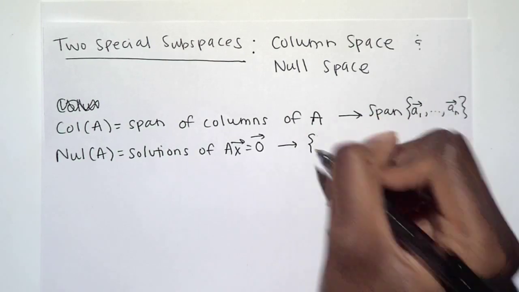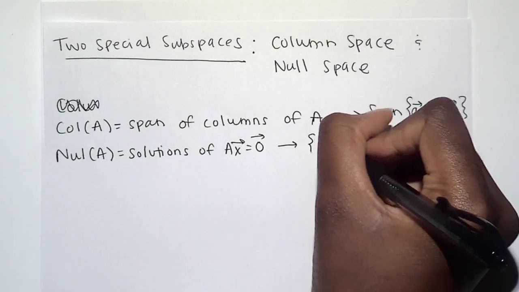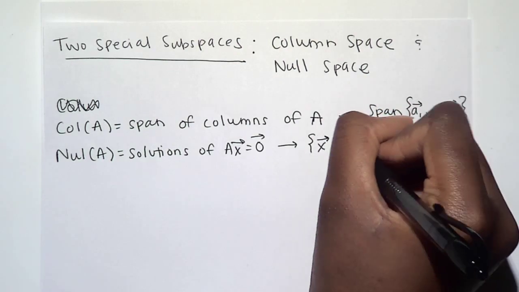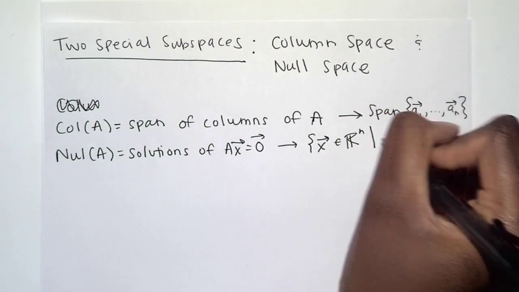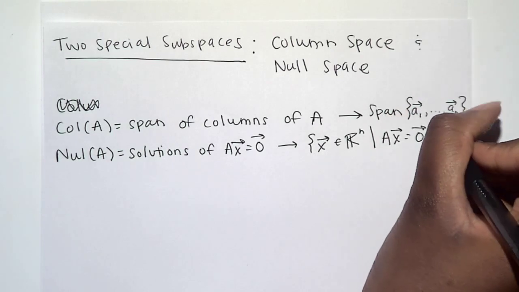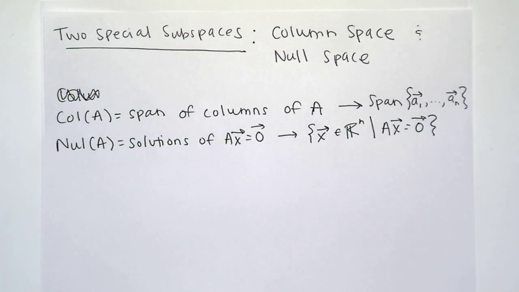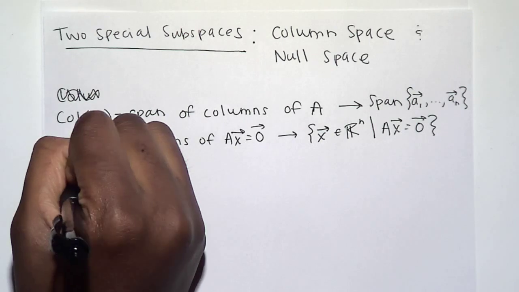In set notation, it's going to be all X in Rn such that AX equals 0. All right, so one of these takes more work to find than the other. That's okay, we're going to talk about how to find both. All right, let's look at an example.